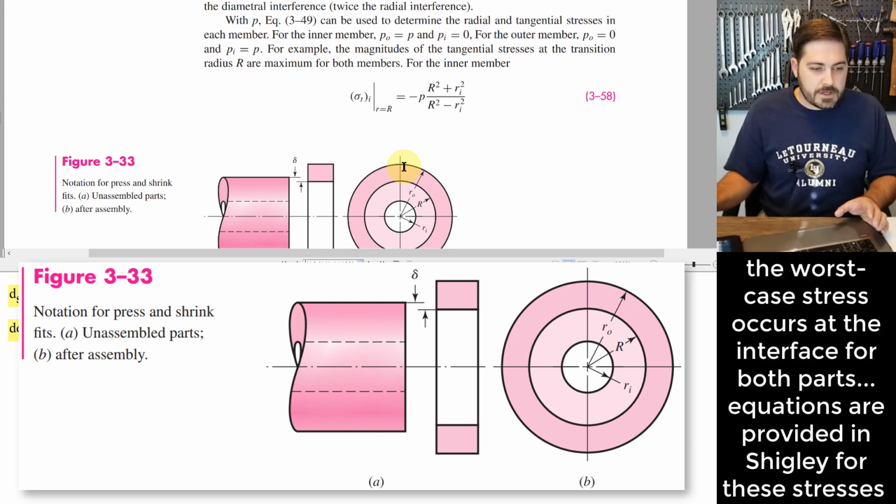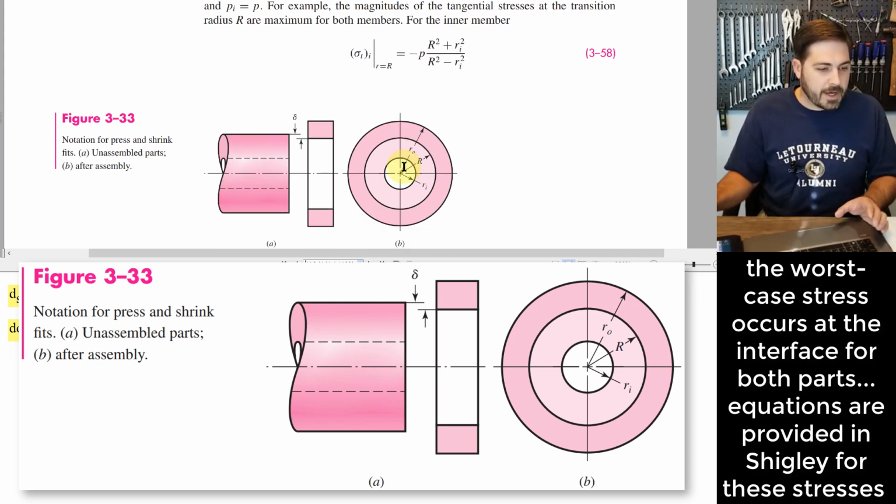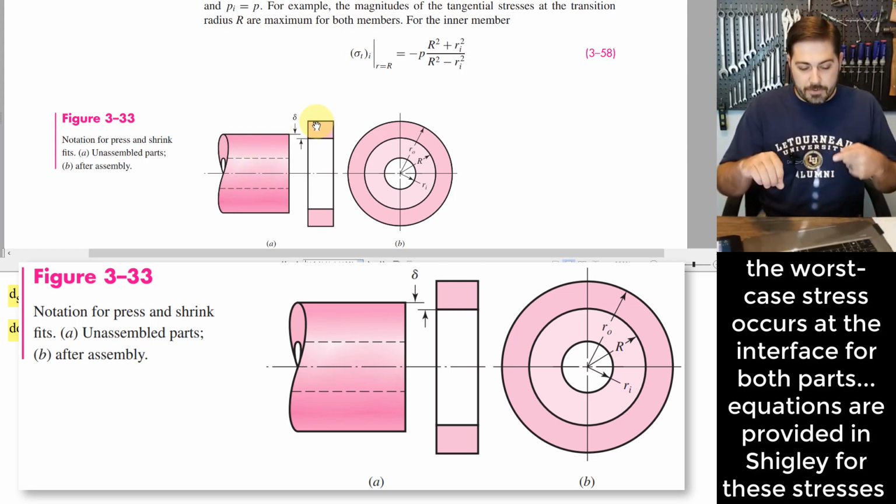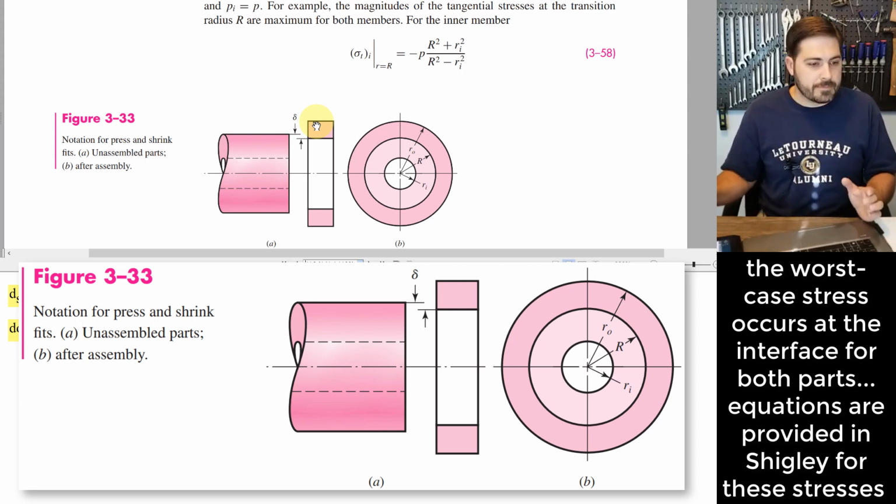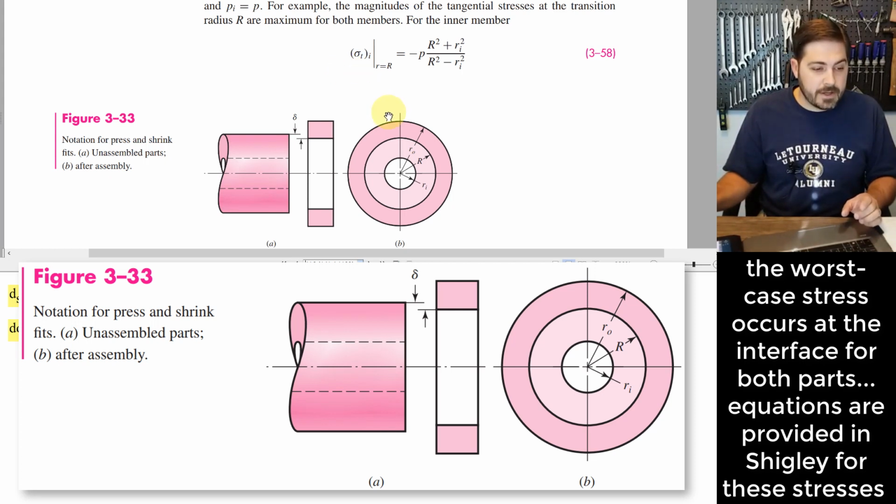The other thing that is going to be important for our problem that we're about to solve is that there are stresses that are going to be induced in both the inner member as well as the outer member whenever the two things are installed with each other. And the worst case for this kind of an interface will happen right at the interface for both members.